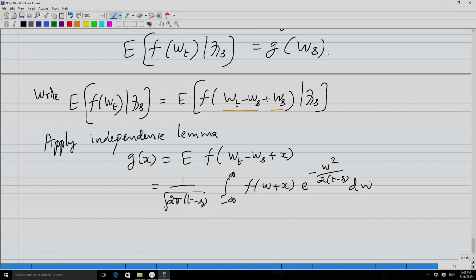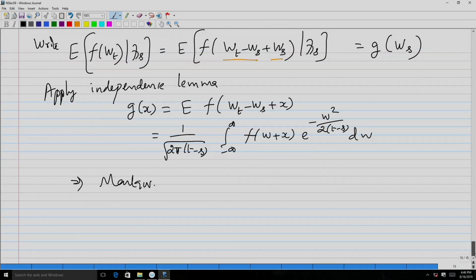This is the g of x function, right, and this quantity is now g of W s. So, it is a function of W s, where g of x, by application of the independence lemma, you can show is this quantity. Once you evaluate this and replace x by W s, you get the quantity here, and this depends only on W s, and hence this is Markov, right. So, we can show easily that this is Markov.